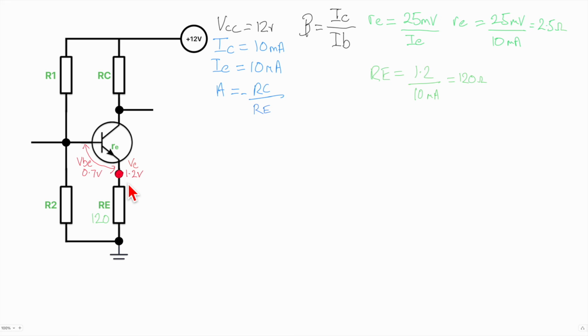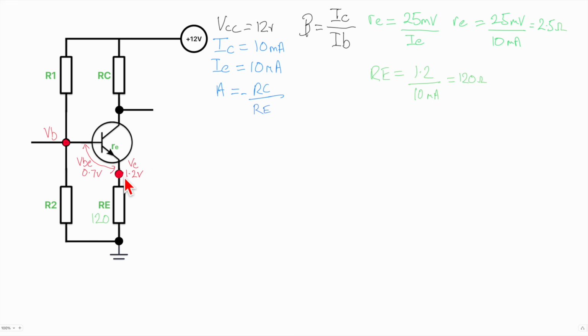Next we're going to move round. We'll tackle RC last. We're going to move round now to these resistors here. But before we talk about this, what about this next voltage point here? What is this going to be? This is what we call VB, the voltage on the base. It's pretty easy to calculate, isn't it?